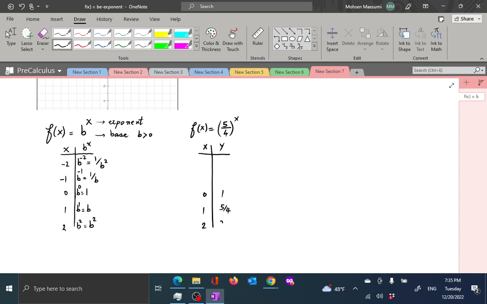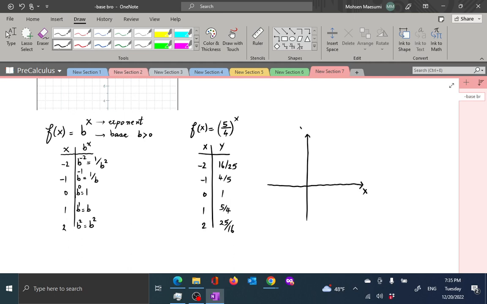This is the square of the base. -1, reciprocal of the base. -2, square of the reciprocal. So the only challenge left is to carefully find these points on your table and do an accurate job of locating them.